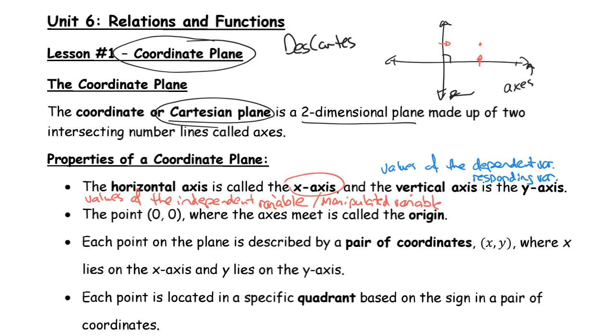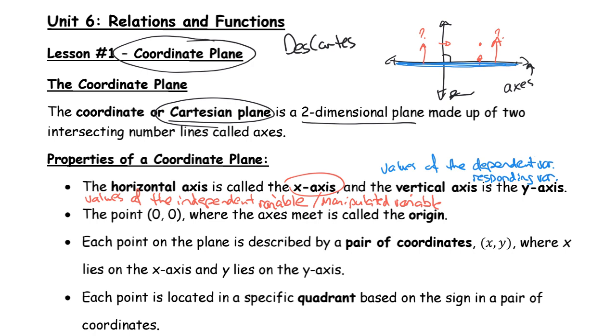You're choosing what the value is of the x coordinate. Basically, you get to choose where you stand along the x-axis, and what you're interested in is what happens vertically. How far up do you have to go? If I'm standing over here, where is that point? Where is that dot that indicates the value of that responding variable? Oh, it's such a powerful little tool to show relationships.